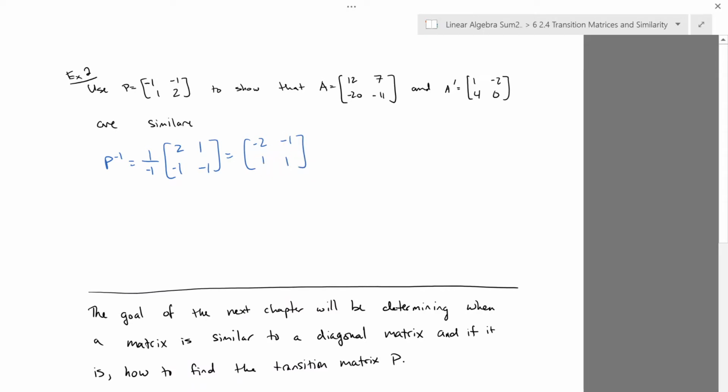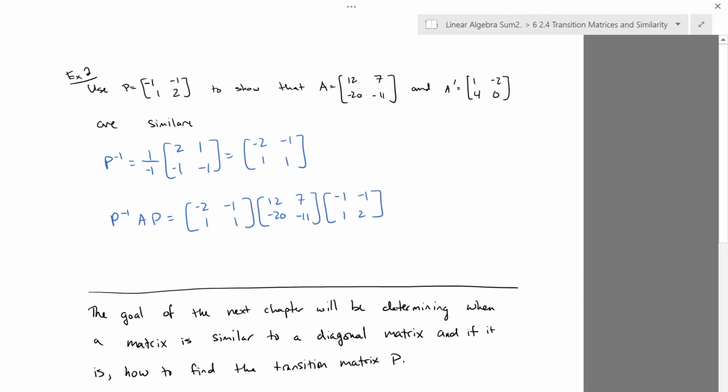Okay, so now we just have to carry out the matrix multiplication, P inverse AP. Written out, we have -2, -1, 1, 1, A is this, and P is this.